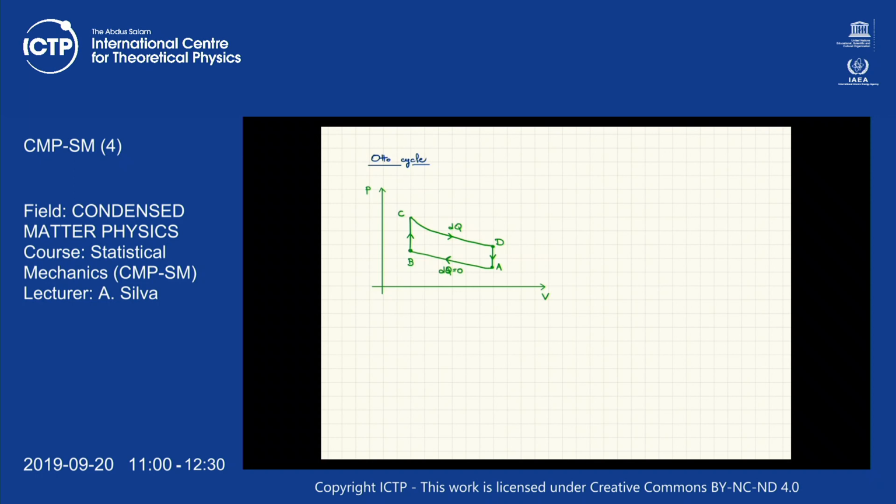You have an expansion, you put the fuel in, then you have a compression. After the compression you have heating, so you have the explosion process in which the temperature of your system raises up a lot, then the piston goes down, and then the gas goes out, cools down, and then you have the cycle again.